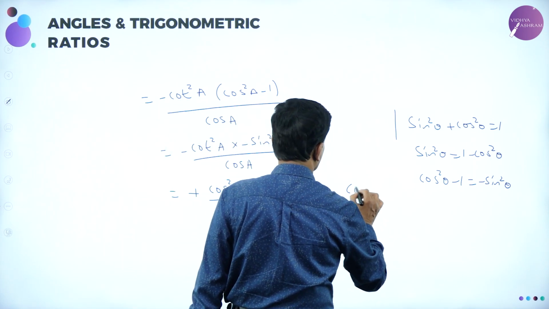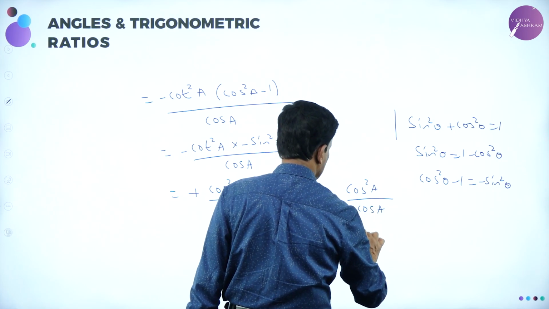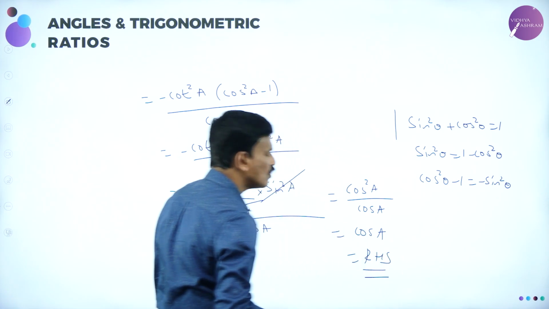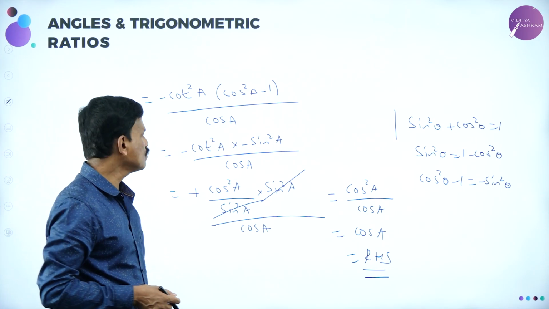We have cos square A divided by cos A in the denominator. When cos and cos get cancelled, that is equal to cos A, which is the required RHS. What is RHS? Cos A. That is it. This is how we are going to solve this.